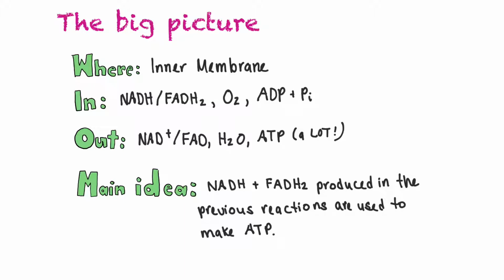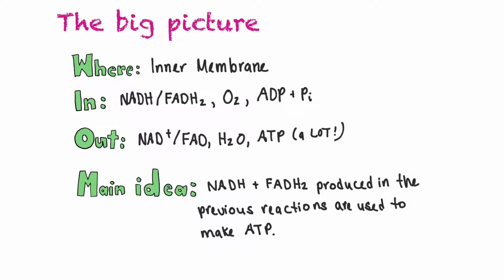The molecules that go into this process are NADH or FADH2, oxygen, and then ADP and inorganic phosphate. The outputs are NAD plus and FAD, water, and a lot of ATP.